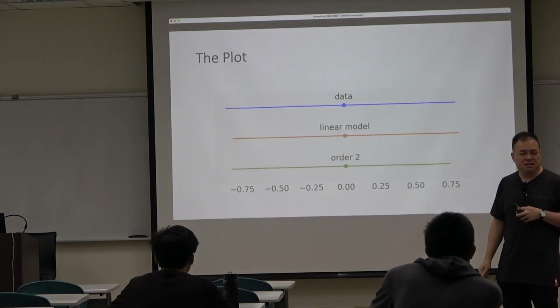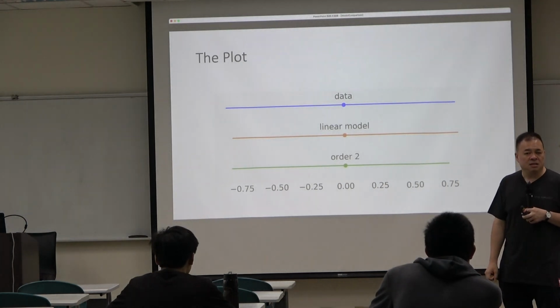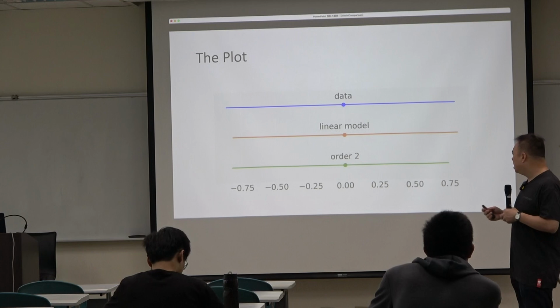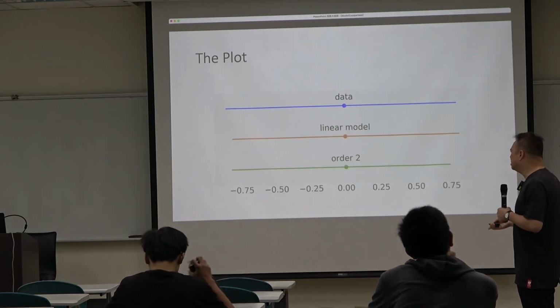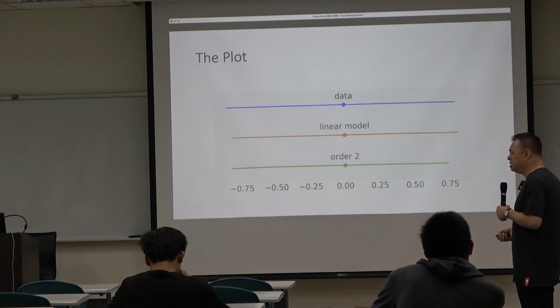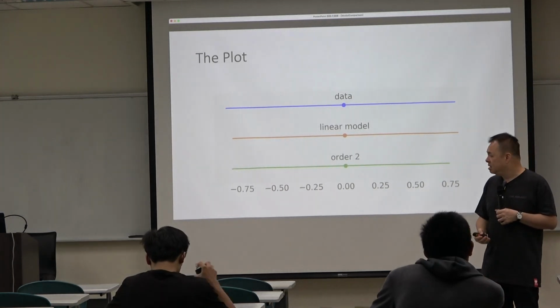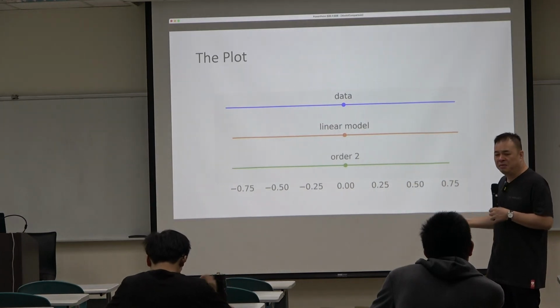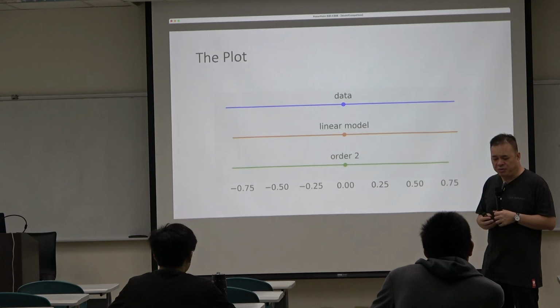The result turned out to be like this, which really doesn't give us any hint as to which model is better. Obviously they have the same mean, because remember that we centered the data set before we created the model.